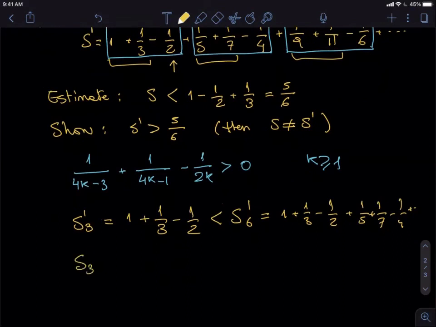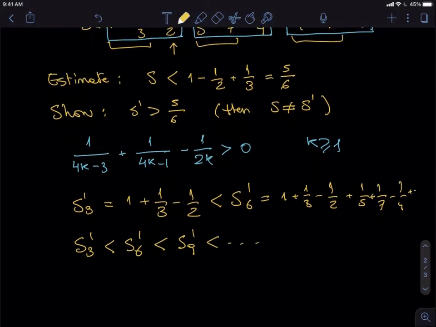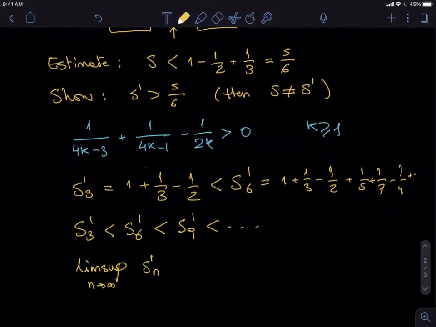And in general, I'm going to get S3 less than S6, less than S9, and so on. So what happens here is that the lim sup as n tends to infinity of these partial sums is going to be bigger, because you notice here, we have chosen a sequence that is increasing.